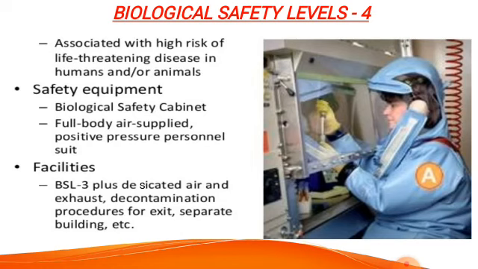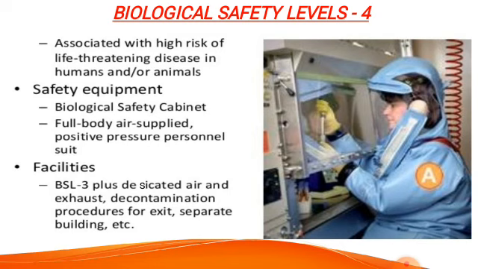At last, biological safety level 4. It is associated with high risk, life threatening disease causing microbes in humans and animals. These microbes are able to spread a highly threatening disease.